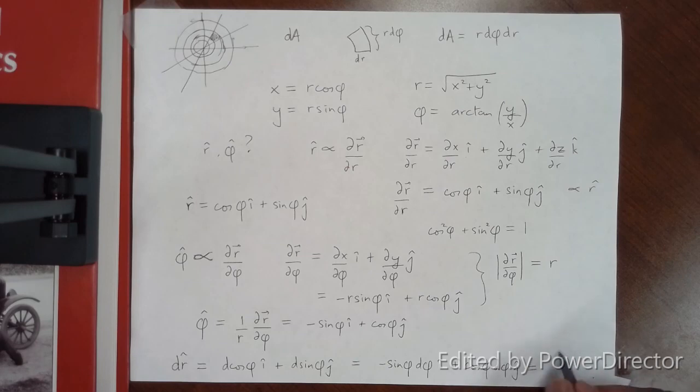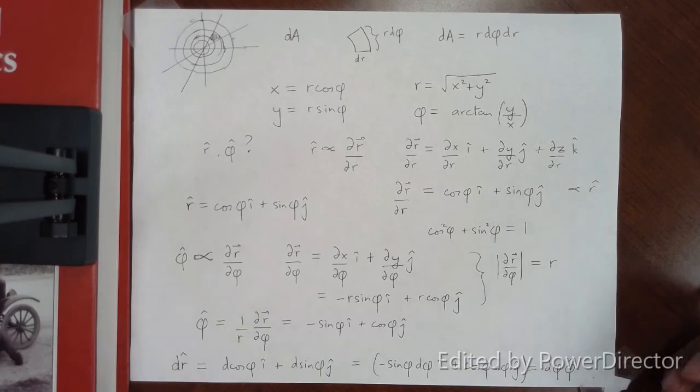But this turns out to be d phi times phi hat. And similarly, we can get an expression for d phi hat. You should practice this technique with the other coordinate systems that we will look at, the cylindrical and spherical coordinate systems. And you should also practice expressing i hat and j hat in terms of r hat and phi hat.